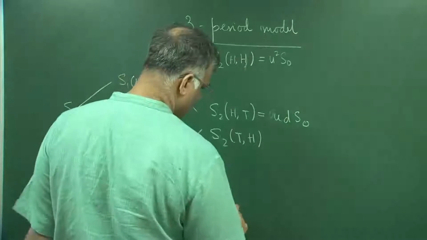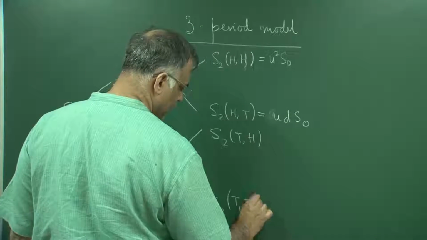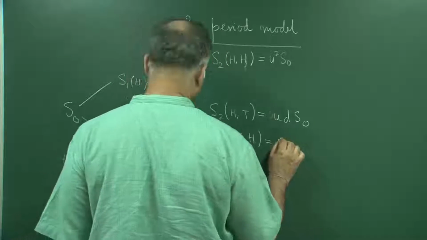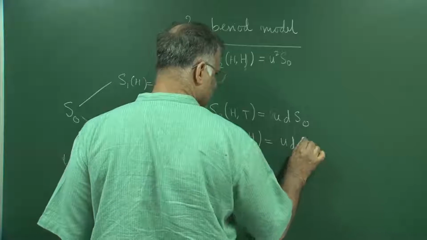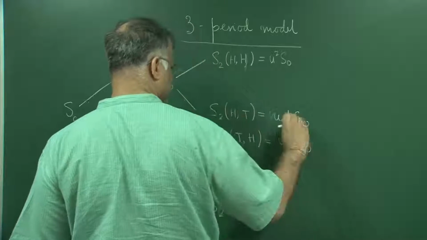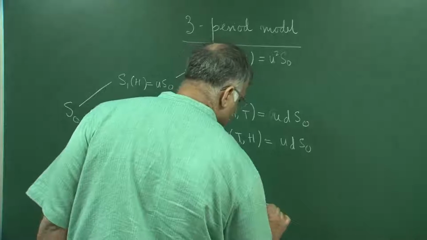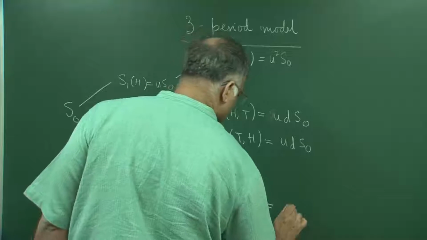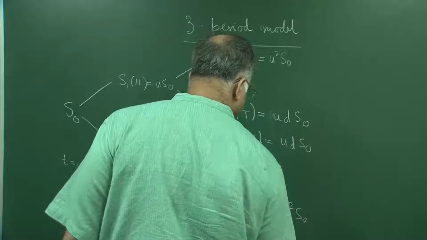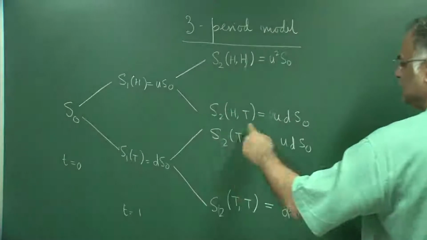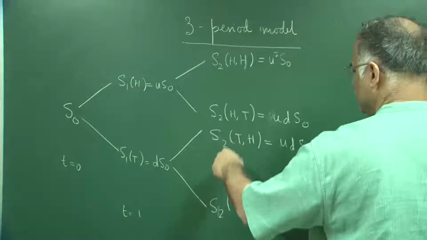So, here tail has fallen, then again tail has come. So, this is nothing but again U D S 0. So, you see this is same, right, and then this is D square S 0.